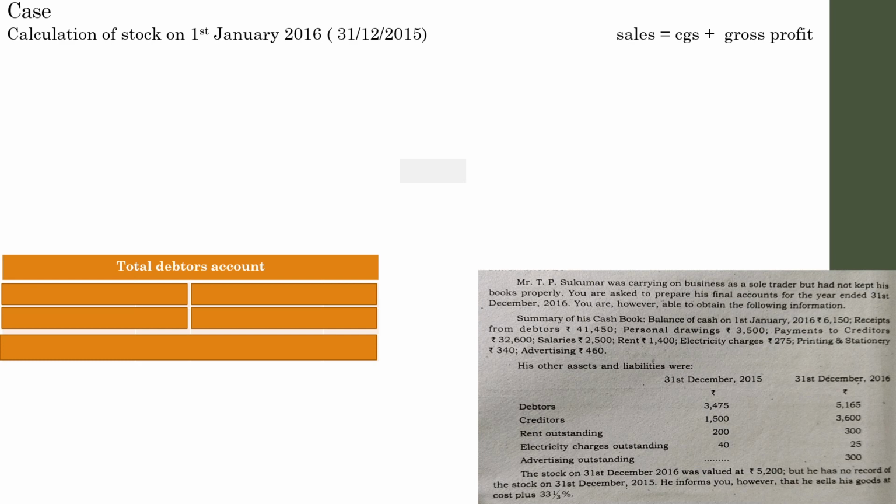What was that? Cost of goods sold equal to opening stock plus purchases plus expenses minus closing stock. If you are using that equation, you can easily find the value of opening stock.